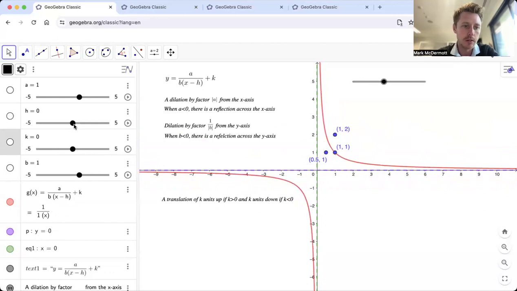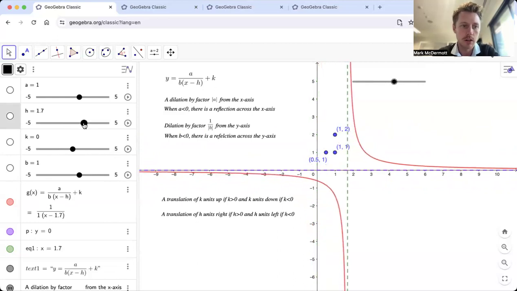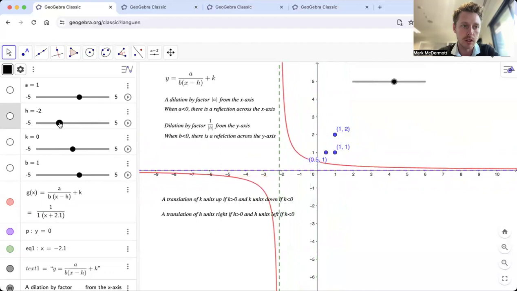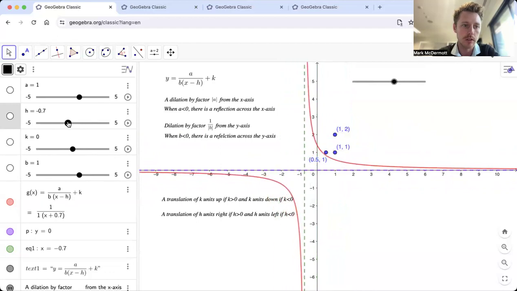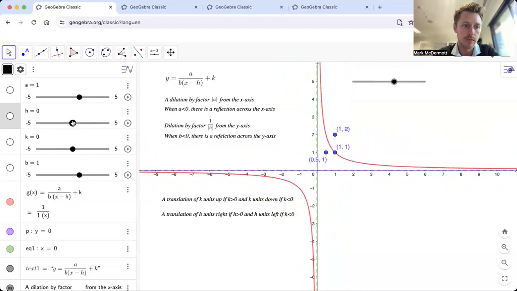Similarly with our h value: if h is greater than 0, it moves to the right. If it's less than 0, it moves to the left. So they become our vertical and horizontal asymptotes. Our vertical asymptote will have the equation x equals h, and our horizontal asymptote has the equation y equals k.